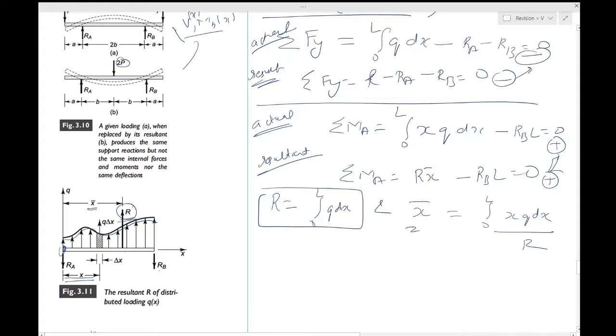If they are the resultant, both of them should be the same, and it should give identical reaction forces, and hence you have it. That is the derivation for the resultant forces and where they should act.